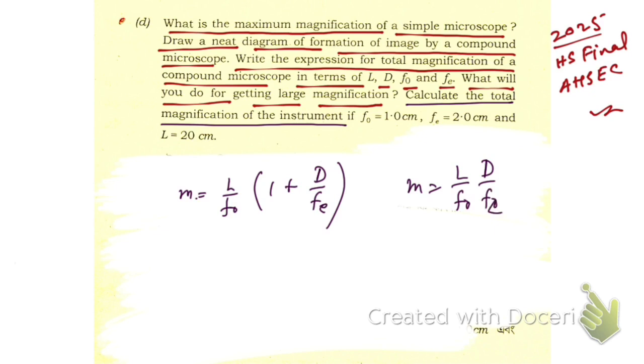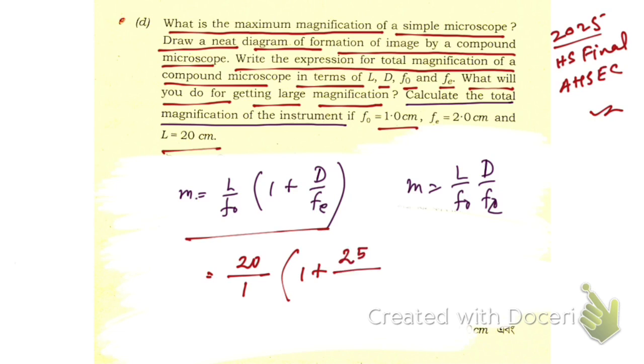As it is not mentioned that the image is at infinity, we use this expression. L is given as 20 centimeter, f naught is given as 1 centimeter, then 1 plus d. Where is d? D is not given. D should always be taken as 25, and fe is given as 2 centimeter.